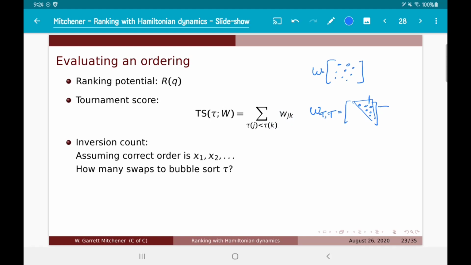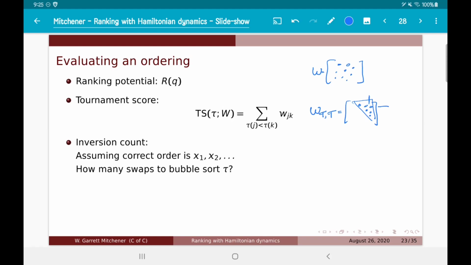In fact, if you're using one of the integer programming algorithms, one way to set that up is to use the tournament score as your quantity to optimize, and then you use integer linear constraints to enforce transitivity and so forth.